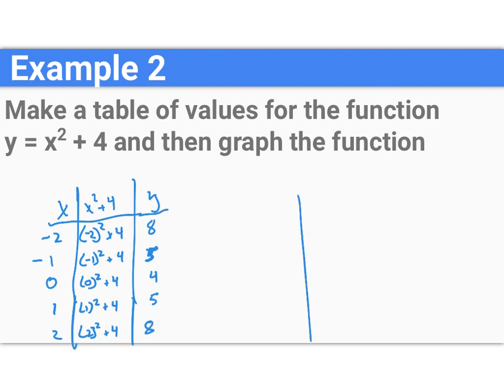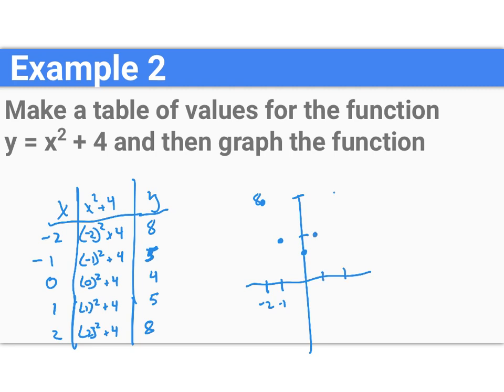And then now let's do some type of graph. So at negative 2, we're at 8. At negative 1, we're at 5. At 0, we're at 4. At 1, we're at 5.